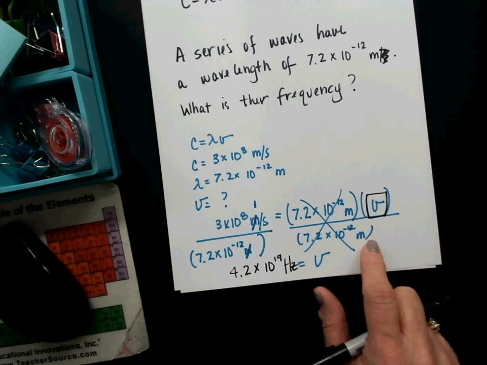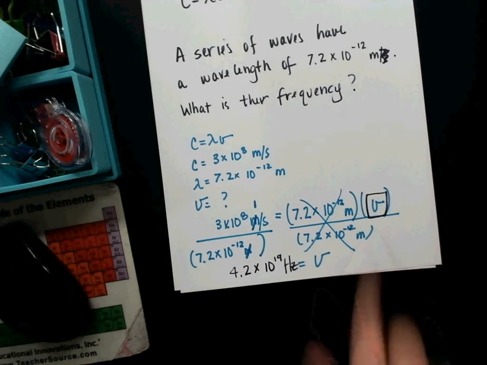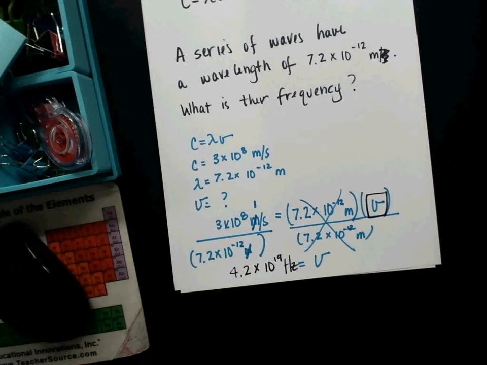Hit 3 times 10 to the 8th and then hit enter. Really do try this if you didn't get it. 3 times 10 to the 8th, enter, divided by parenthesis 7.2 times 10 caret negative 12 parenthesis. See what you get. Did you get it that time? Okay, so that's what it is.